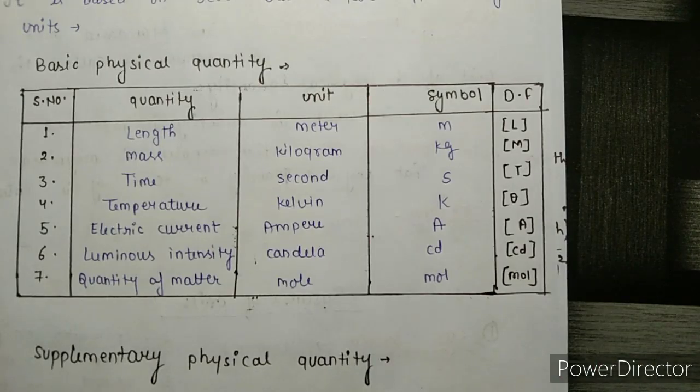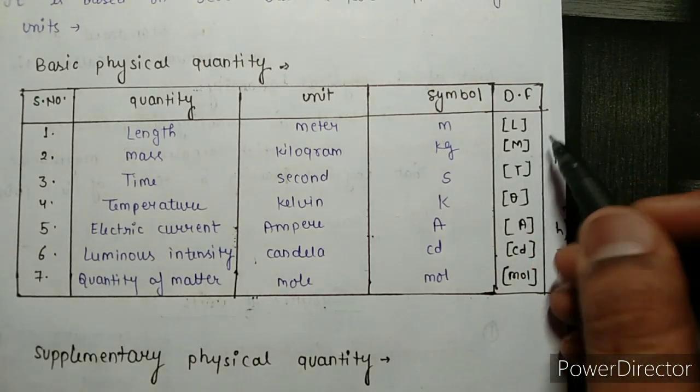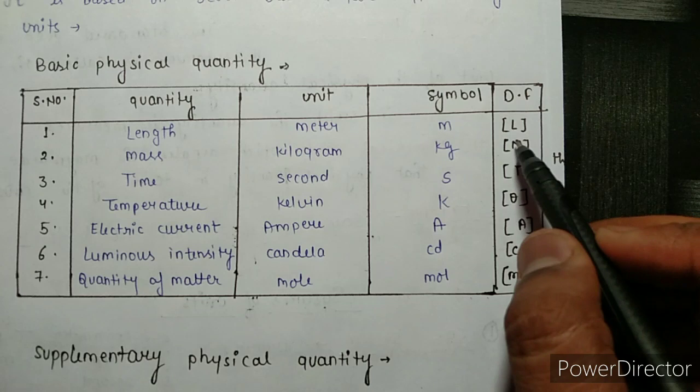To define the dimensions of a formula, we use the dimensional formula, in which we use big brackets.